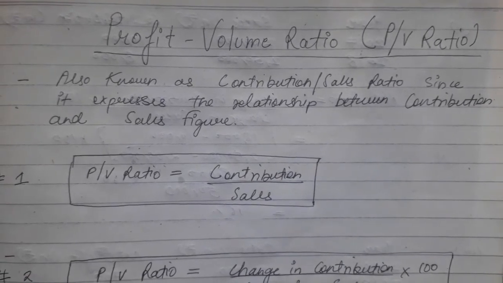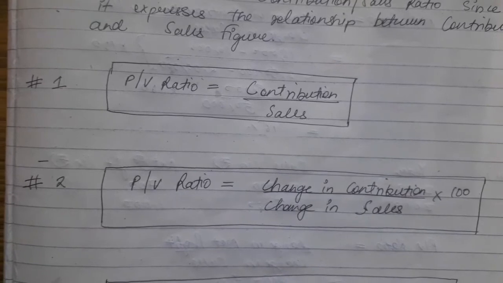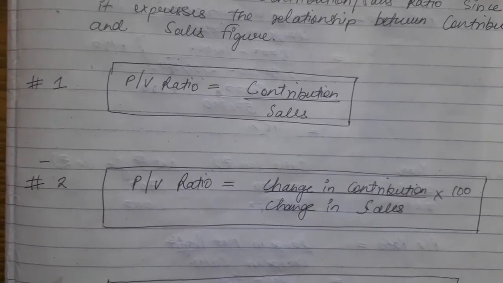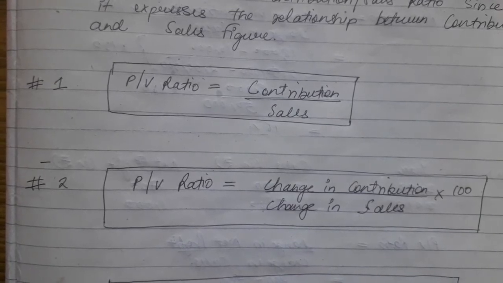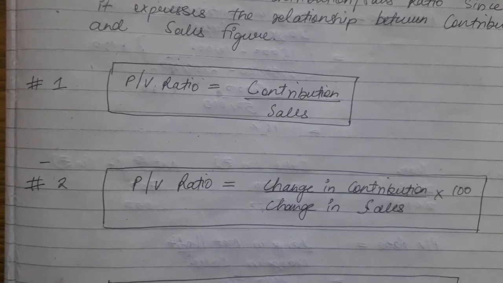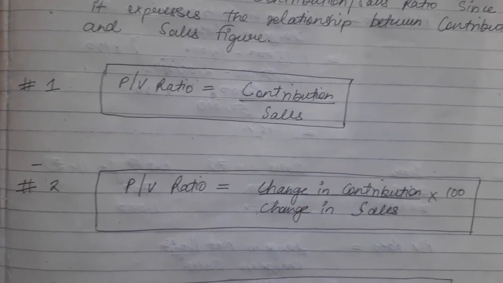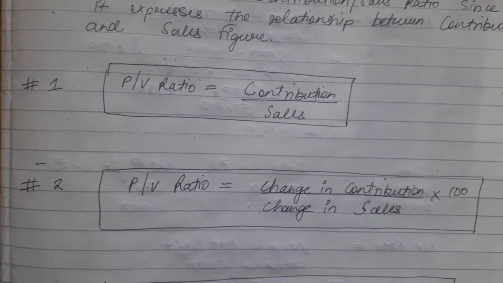The second formula of PV ratio is change in contribution upon change in sales into 100. We use this formula when data is given regarding two years. Say in year 1, the sales is this many rupees and contribution is X rupees, and in the following year, the contribution and sales are different.